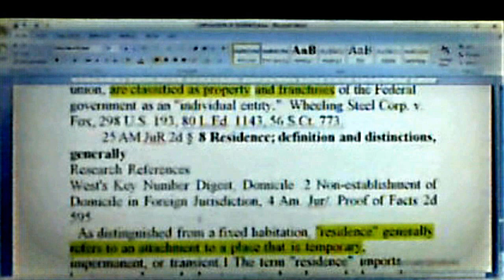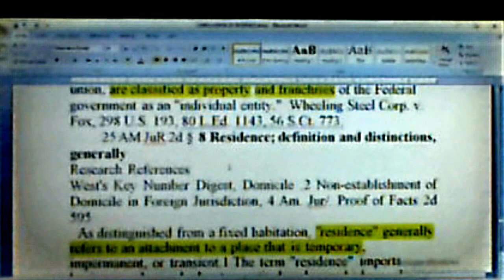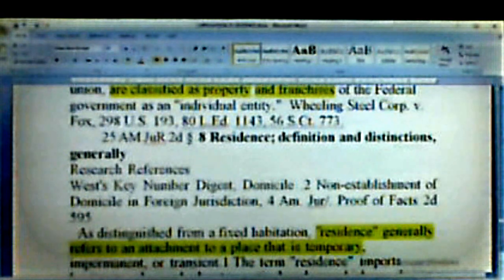Now right here, 25 Am Jur 2d, this is your definitions and distinctions generally for residents, right? And it says non-establishment of domicile in foreign jurisdiction, 4 Am Jur, proof of facts, 2d 595.